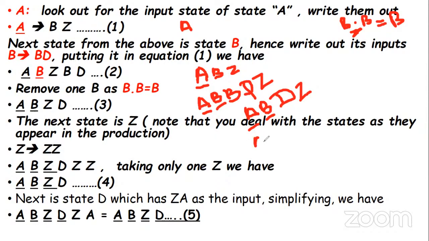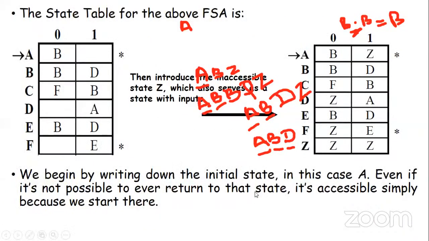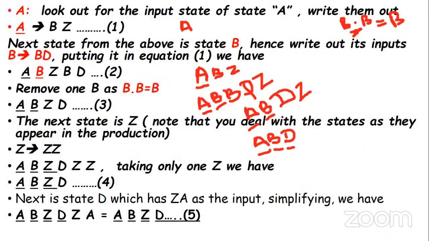So the next one is what? A, B, D. What is the input of D from the table? Z and A. Okay, so you bring in the value of Z and A. That means you are processing D at this point.